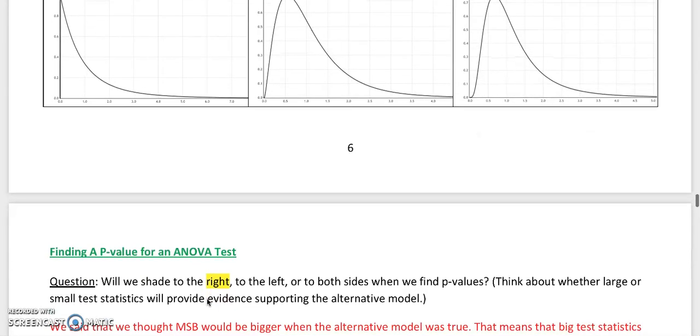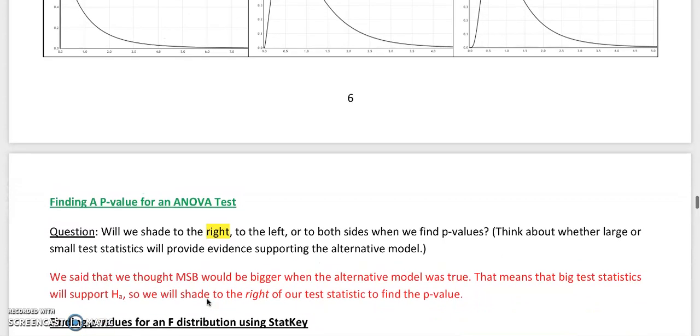All right. So if we want to find a p-value for an ANOVA test, we are going to shade to the right. We saw this happen with chi-squared problems also, where we just said that if we get a big test statistic, that means that our variability between groups was a lot bigger than our variability within groups. Those are the types of results that are supporting our alternative model.